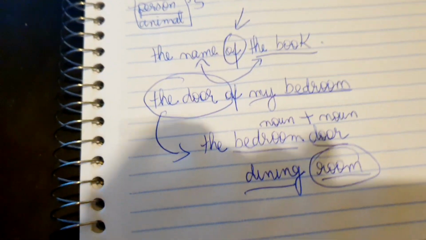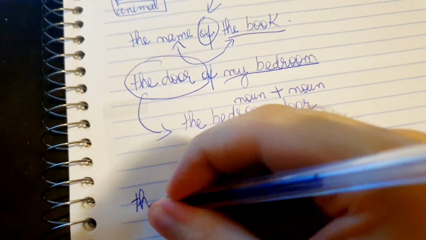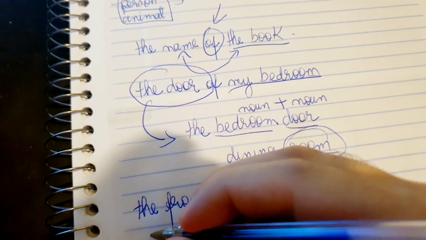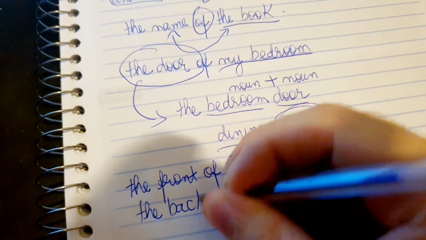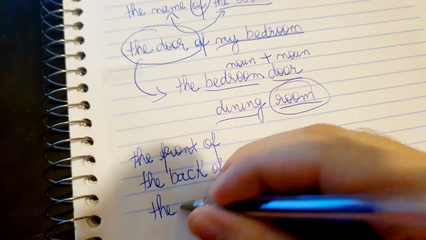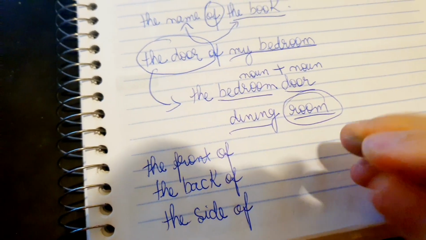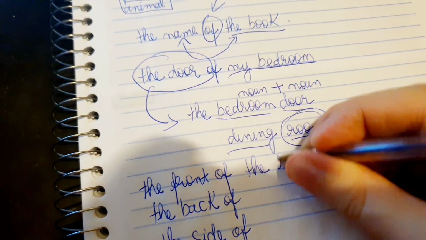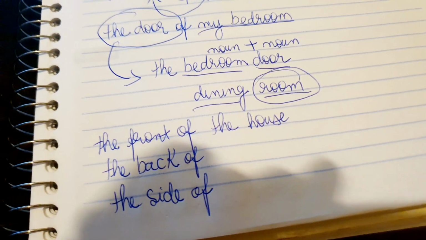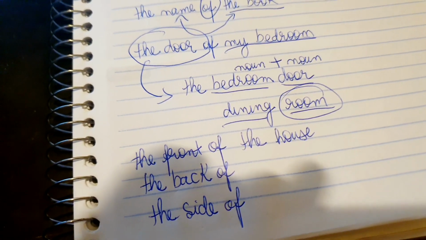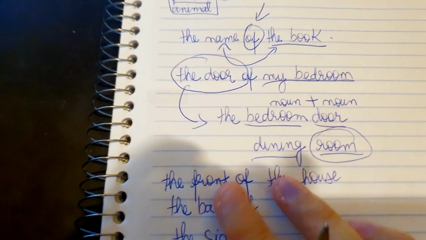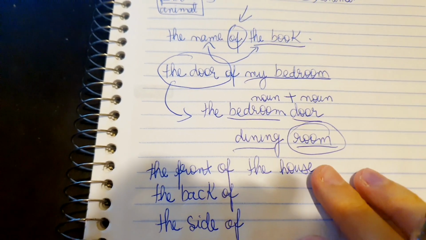Other expressions very used, for example, the front of, the back of, the side of. So you refer to directions, for example, the front of the house. Okay, I had to enter the house, but I had a key. I tried to unlock the door, but the front of the house was inaccessible.